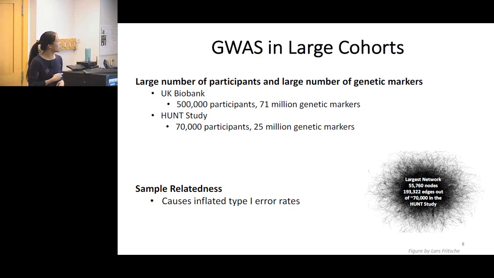For example, the UK Biobank contains 500,000 participants, and for each of them we have 71 million genetic markers genotyped or imputed. Another example I list here is the HUNT study, which is a Norwegian population-based biobank. Before the UK Biobank, we think the HUNT study had the largest sample size among those biobanks that have been genotyped.